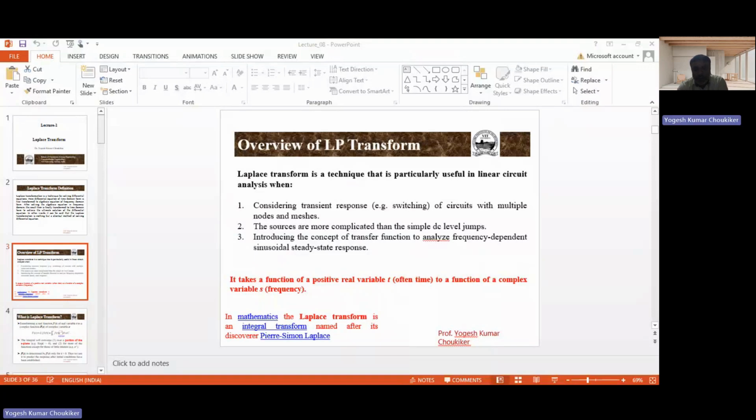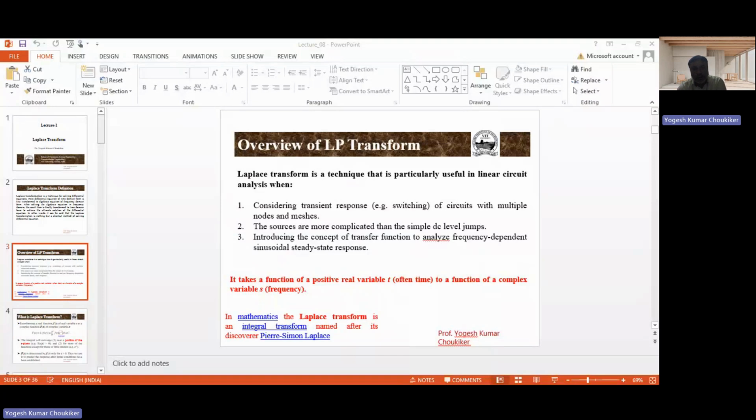So this is some sort of example which I am taking for the case of zero initial conditions. First of all, we have to solve some problems.